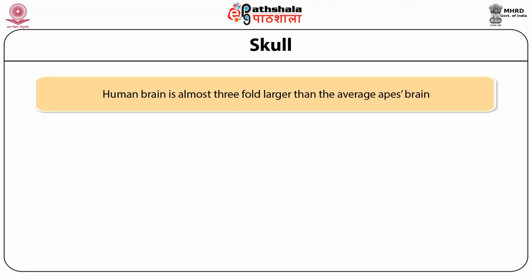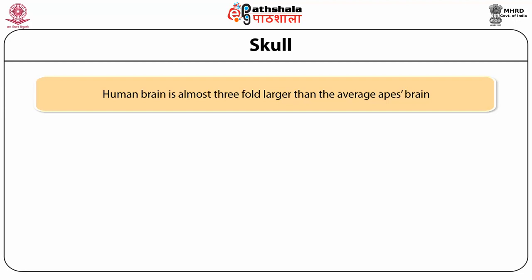The size of the orangutan brain ranges from 365 cc to 425 cc, that of the chimpanzee between 400 cc and 500 cc, and that of the gorilla between 400 cc and 500 cc. Thus, in humans, the brain size is almost 3-4 times larger than the average ape's brain size.